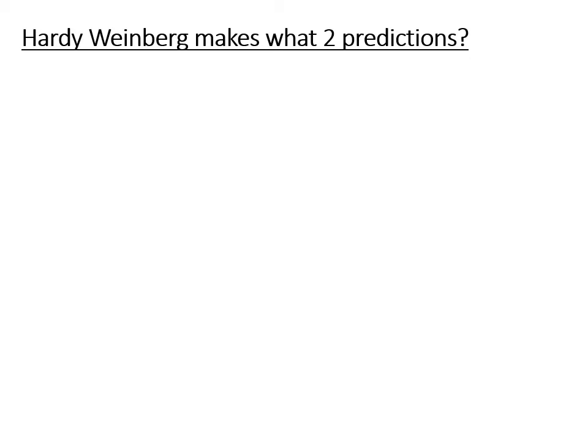Okay, so now when you use Hardy-Weinberg in order to study population genetics and in order to explore that relationship between allele frequencies and genotype frequencies, now, before we get into the two predictions that help us do this, I want to remind you that allele means the variations of a gene. So for instance, a capital A would be one type of allele, a dominant allele, whereas a lowercase a would be a recessive form of an allele.